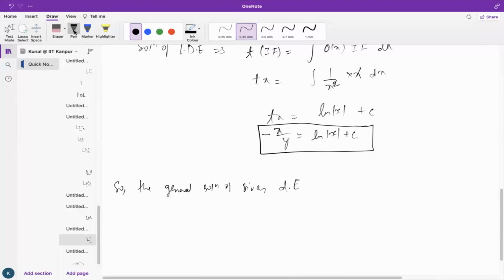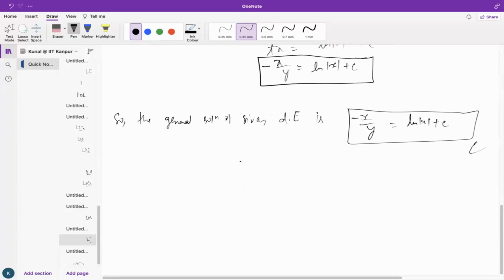So the general solution of the given differential equation is minus x by y is equal to ln mod x plus c. Okay.